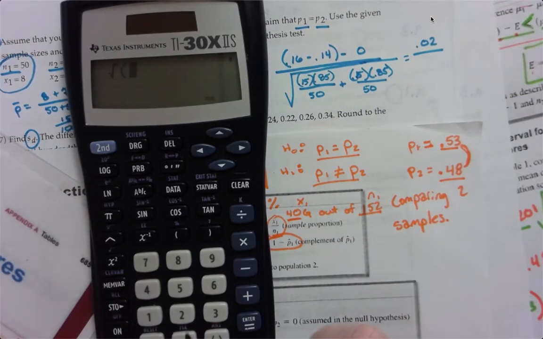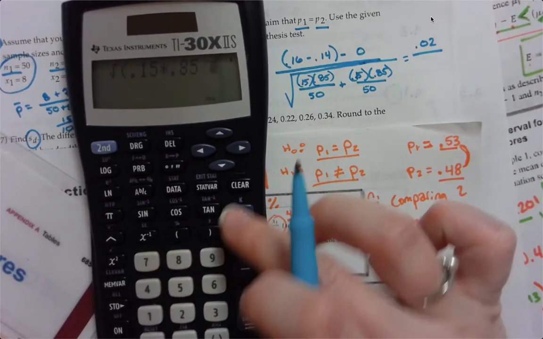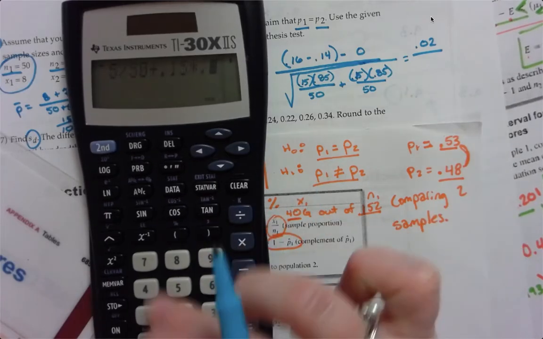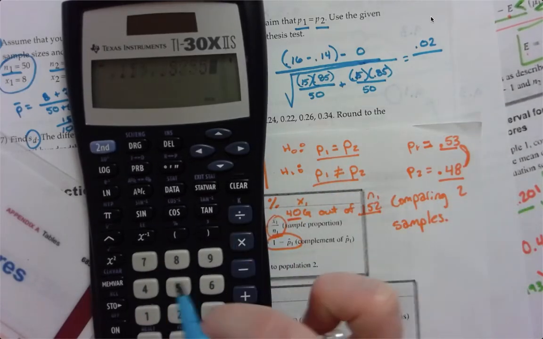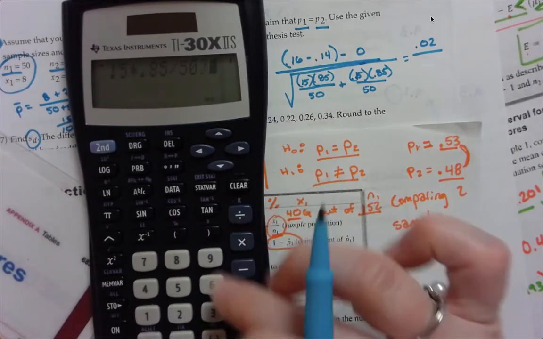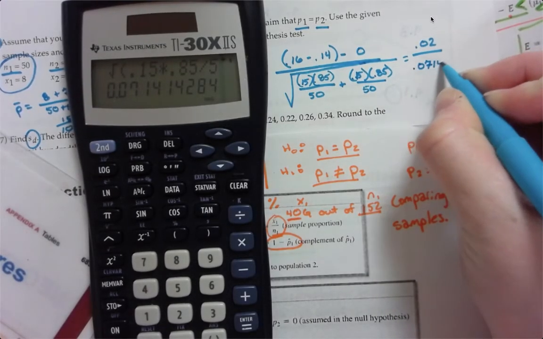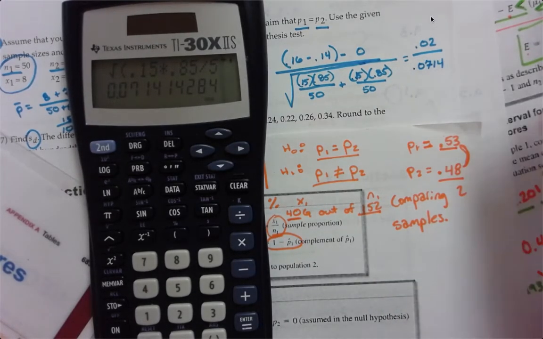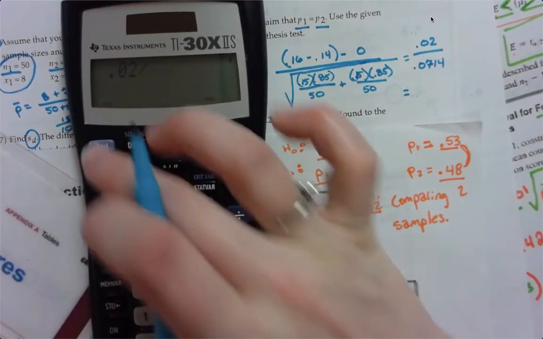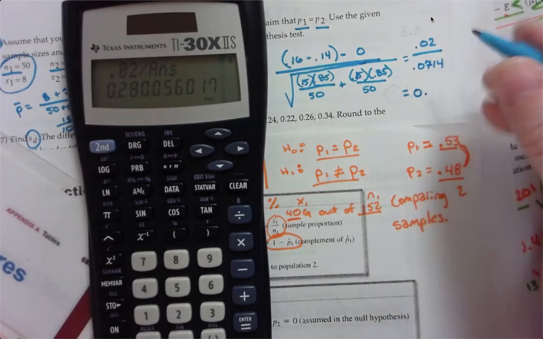So if I just do 0.15 times 0.85 divided by 50 plus 0.15 times 0.85 divided by 50, it should do all of that for me in one shot. So 0.0714. Last thing, I'm going to take 0.02 and divide by that answer, and I get for my z 0.28.